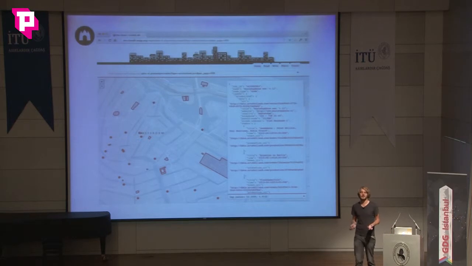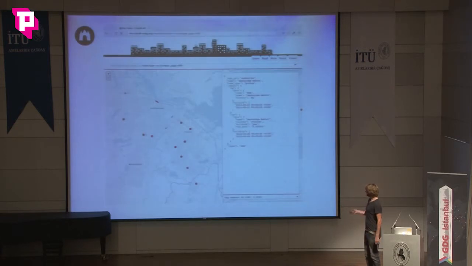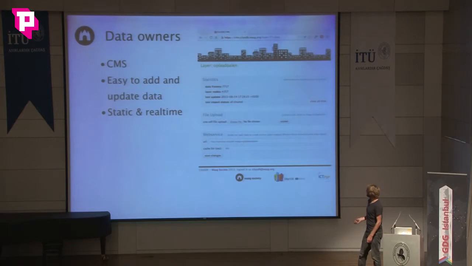So if you want to know where movies are or where theater plays are, we have one API with real-time events, which we import, and we link that to the data already in the system. This is train stations in Amsterdam. We also created a content management system. If you are a data owner, or you work for the government and you have some existing data sets, you can use our CMS to upload your data and import it into CDSTK. And then it's exposed using the same API.